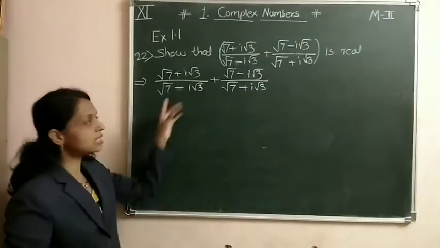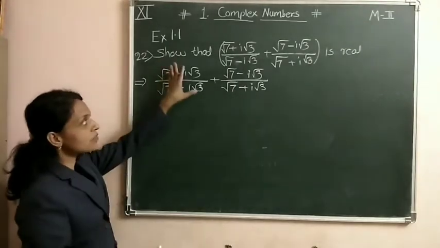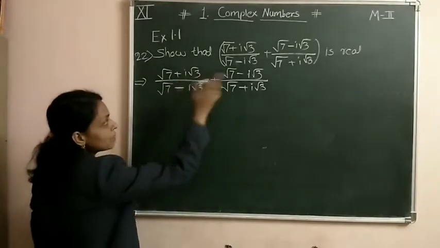Now see, this is the given number. Now we will show that it is a real number. Suppose these are fractions. How do we do the addition of fractions? By cross multiplication.